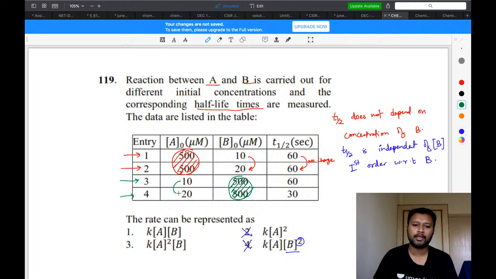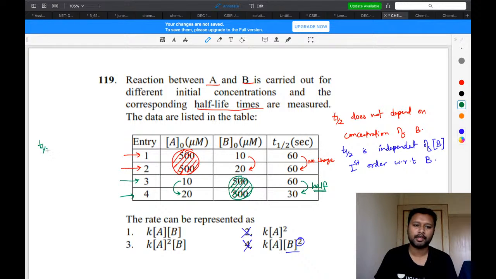Now if you see the reaction from here to here, the concentration of A is getting doubled. From 10 to 20, the concentration is getting doubled. What is happening to T half? It's becoming half. So what you can see is that when you increase the concentration, the T half is decreasing. So what is the relationship between these two?